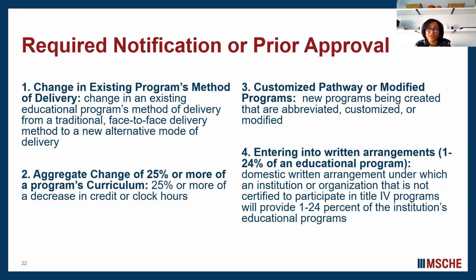Yeah, if it's a different location, because you're getting approval for the location. Now, if it's across the street and has the same address, it wouldn't require a substantive change. But if it's a different address, it would require one.